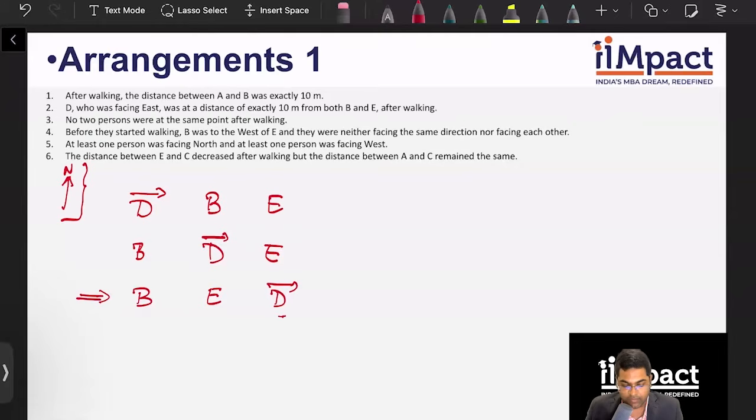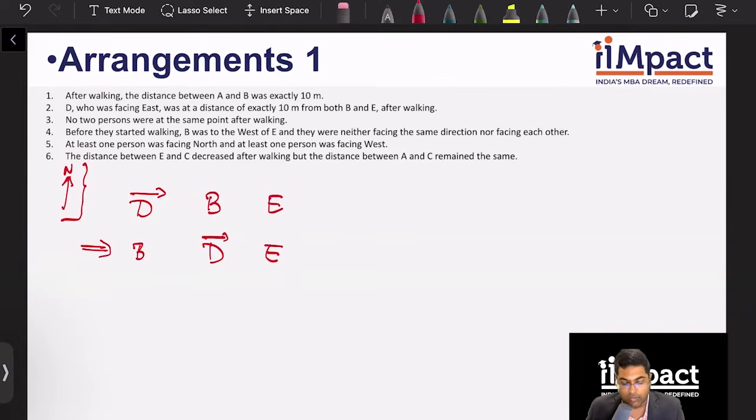If D moves this way, right, is there any way that both B and E can be 10 meters from D? No, right? Even if they both move in the same direction, it will not happen. And there is no other case that will make it possible. So I can very easily eliminate this case. So I only have two cases to work with. Okay. All right. Let's look at this case.